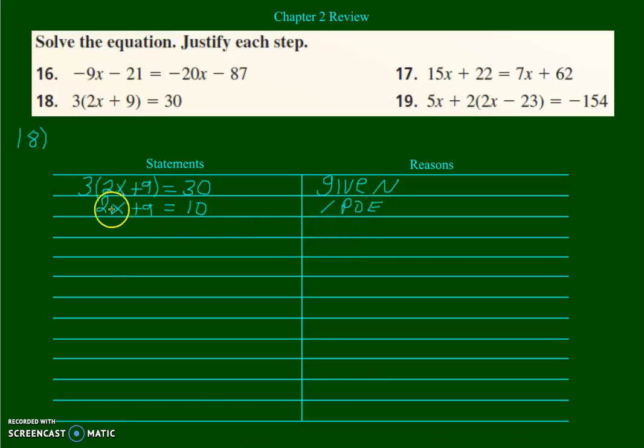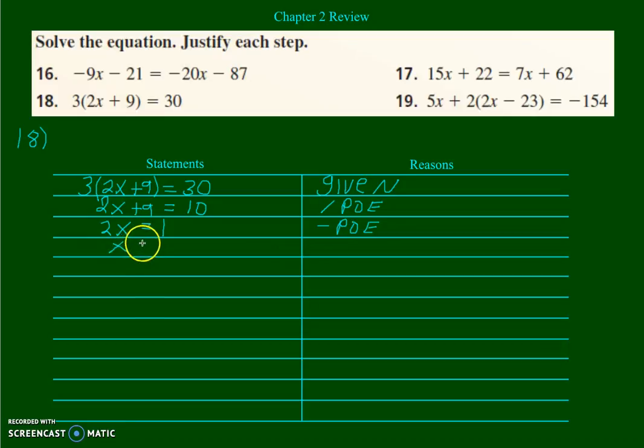And then all we have to do is subtract the 9, which gives us 2x = 1. And that's subtraction property of equality. And then divide by 2.